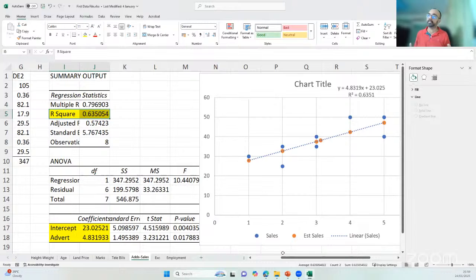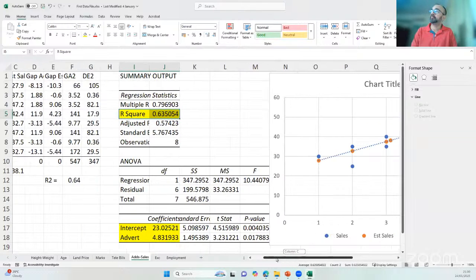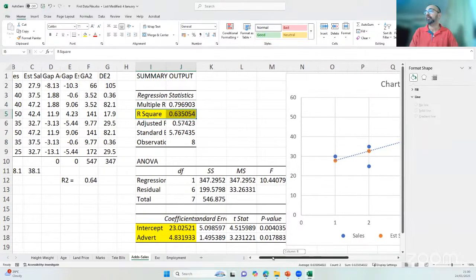Because if the data is scattered closer to the model line, the deviation from the center will be less. Okay, deviation from the center will be less, and that will mean the model line explains the actual data well with high accuracy, right?